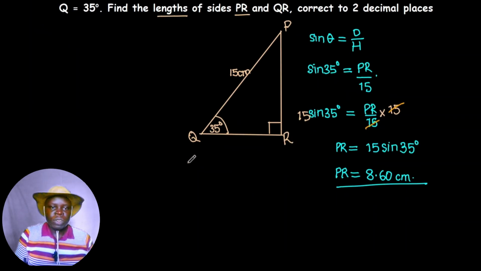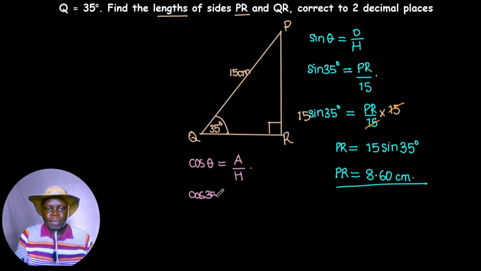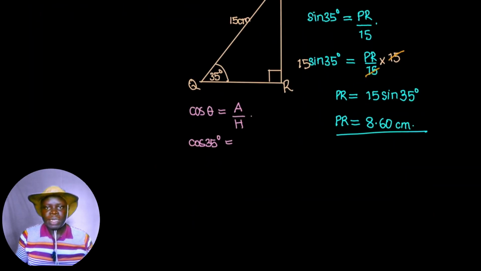So let's get cosine of any angle, say theta, is given by adjacent over hypotenuse. So we make substitution of the angle 35 degrees, and this must be equivalent to the adjacent, and our adjacent is what we are looking for, QR. So QR over hypotenuse is 15. We do the same technique like what I've done before.